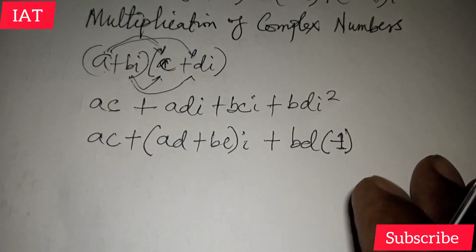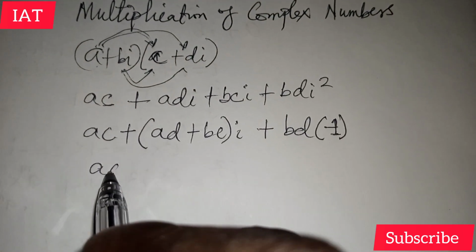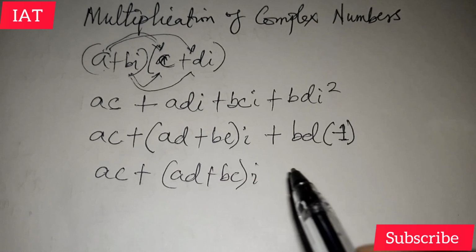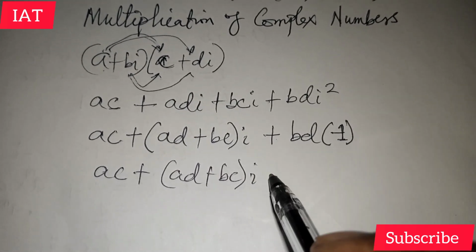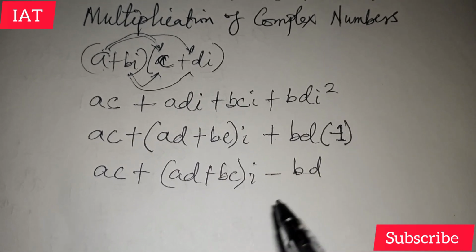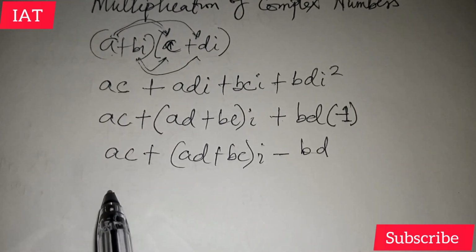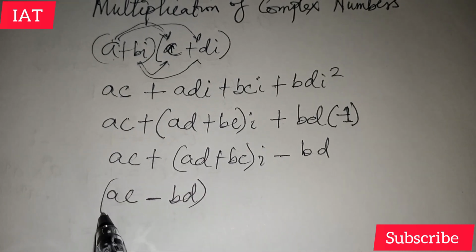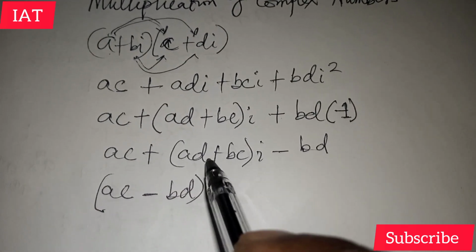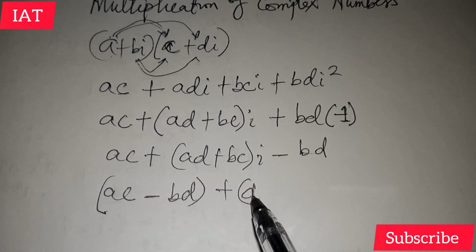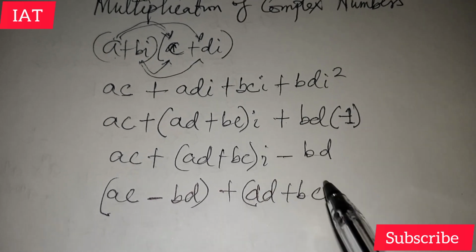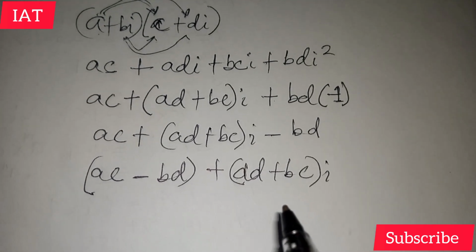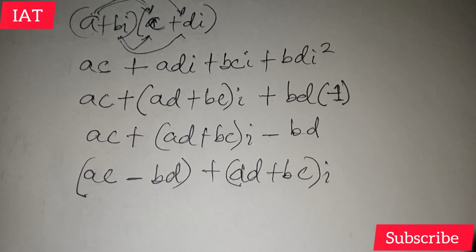So if minus affects this plus, it gives minus bd. That way we can combine ac minus bd, and then that will add up to give us this other one, ad plus bc i. I hope this makes sense to you. So that's essentially how this can be combined together.